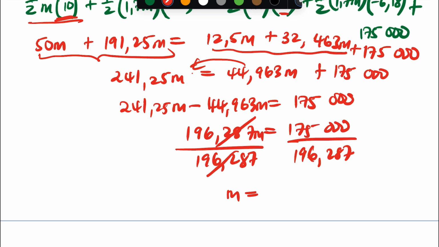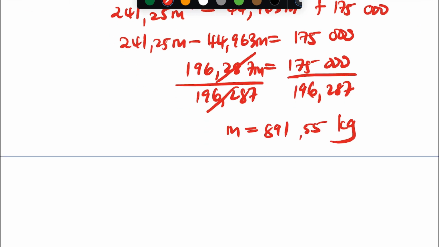So if we say 175,000 divide by 196.287, the mass there is 891.55 kilojoules. That's the m, that's the mass m there. So having that, that's the mass that we have there. We are done with that question.